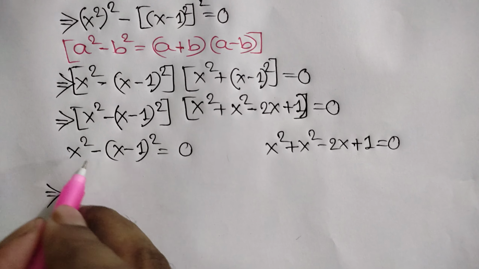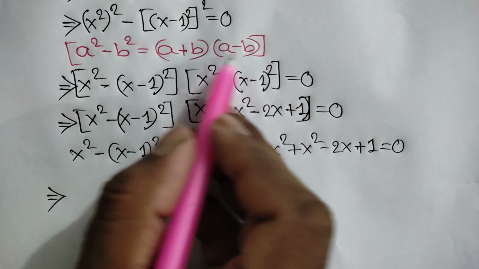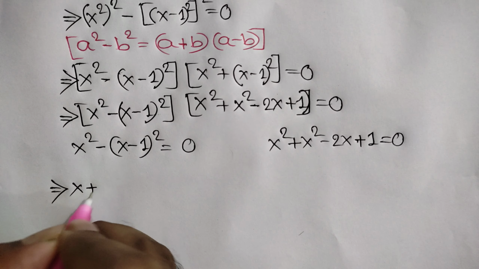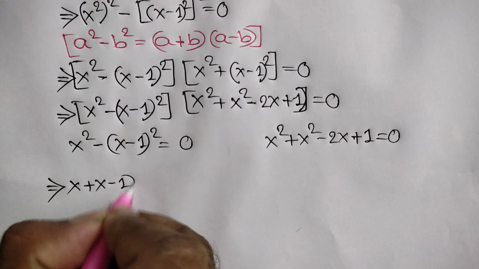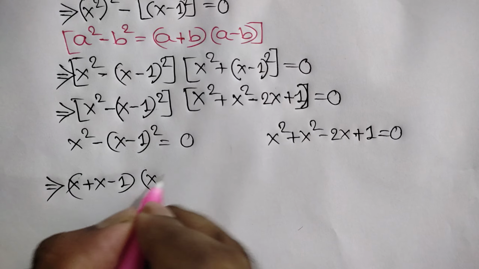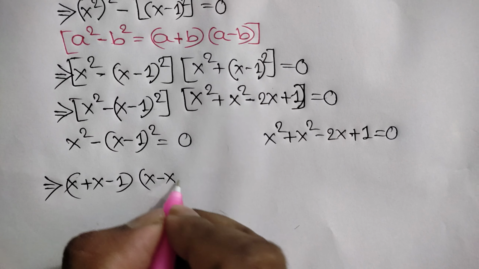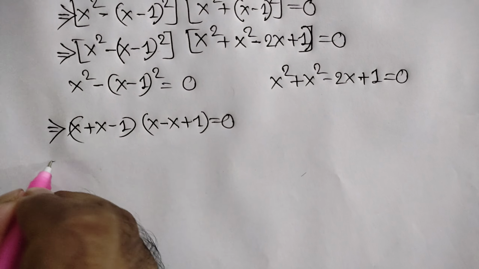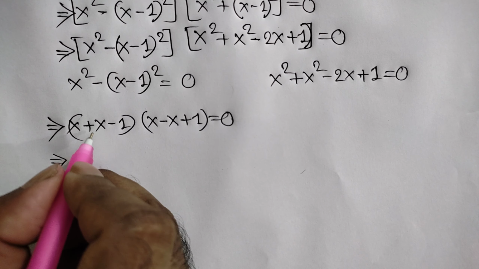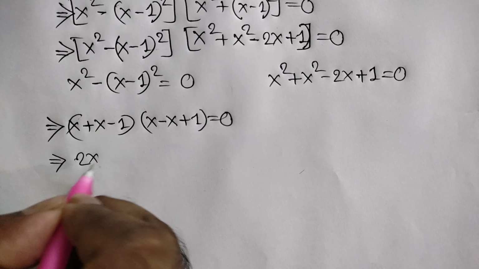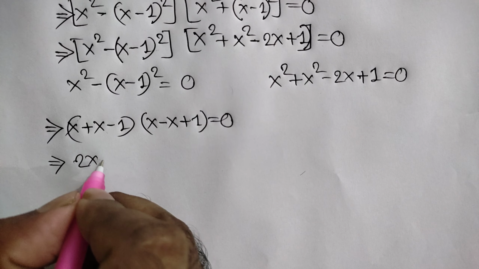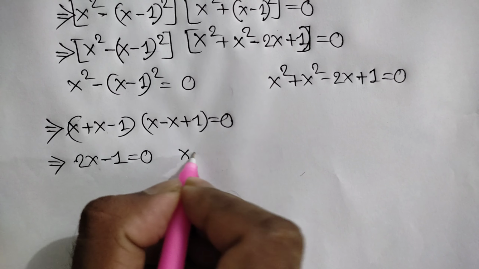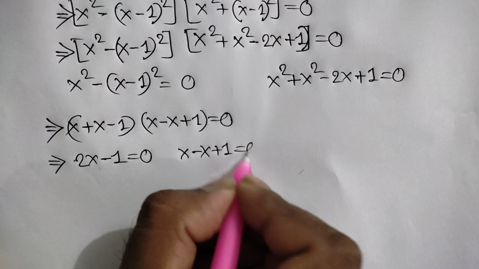Or here we can use the formula, so we can write (x plus x minus 1) times (x minus x plus 1) is equal to 0. Or x plus x is 2x minus 1 is equal to 0, or x minus x plus 1 is equal to 0.